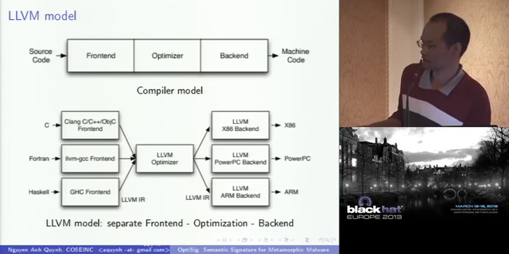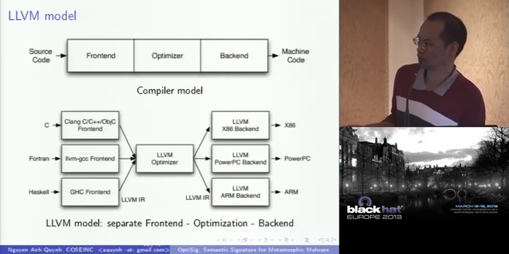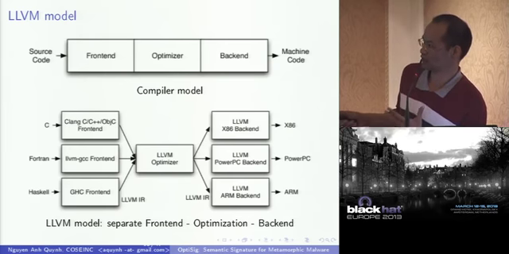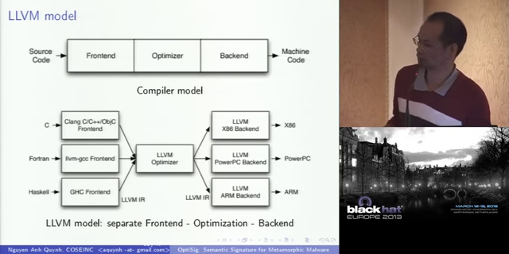After that, the LLVM IR will be fed to the second component, the LLVM optimizer. The optimizer will then send the optimized IR code to the backend, and the backend will generate the machine code for you. And here's the LLVM model.